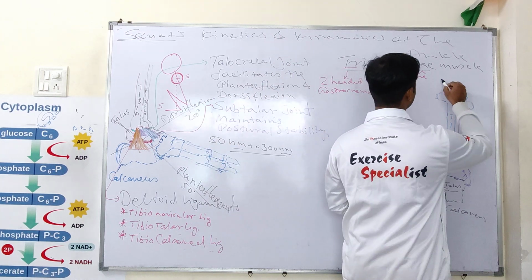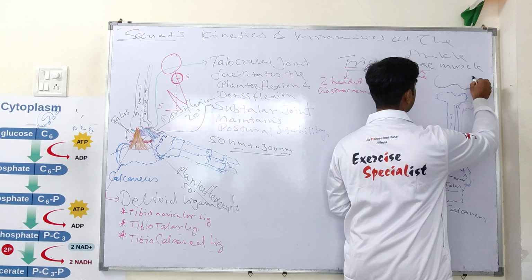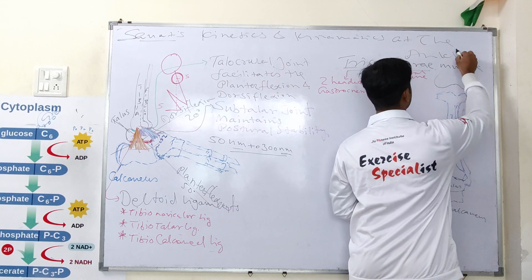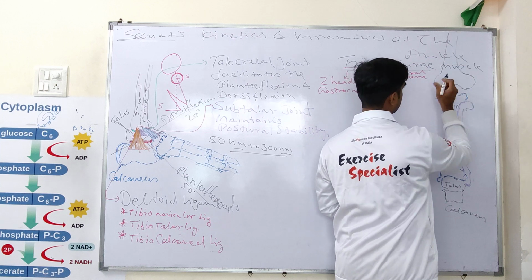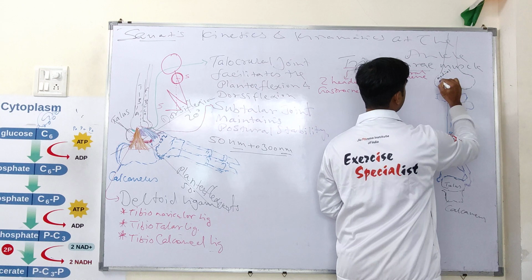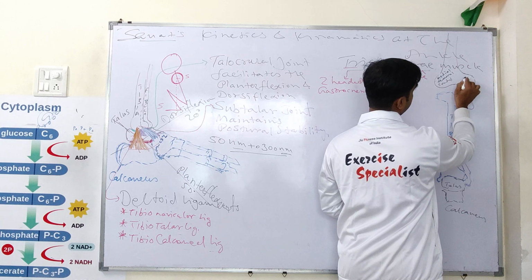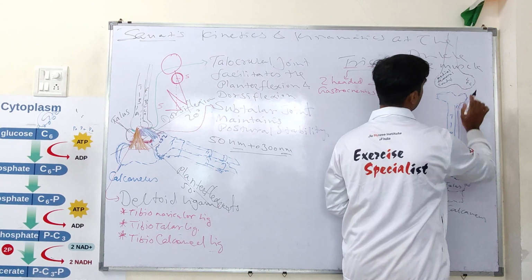Here on top we have the femoral condyles, and this is the femur. So this is the medial femoral condyle and this is the lateral femoral condyle.